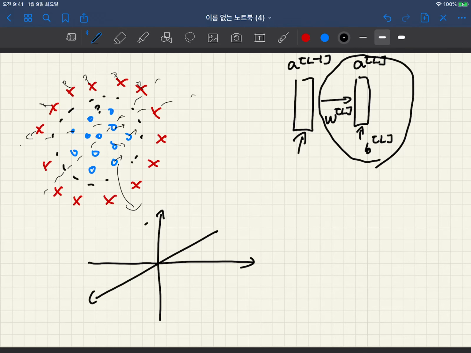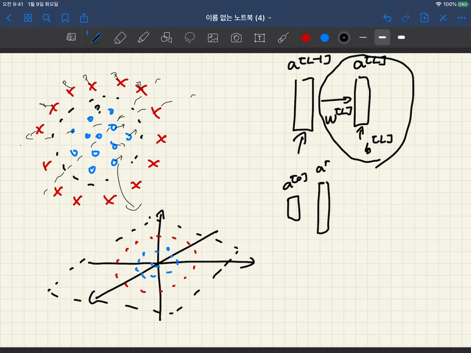And there is some plane, subspace, and blue and red on the subspace. Okay? When you make your neural network from A0 to A1, you increase the dimension, so you increase the width.